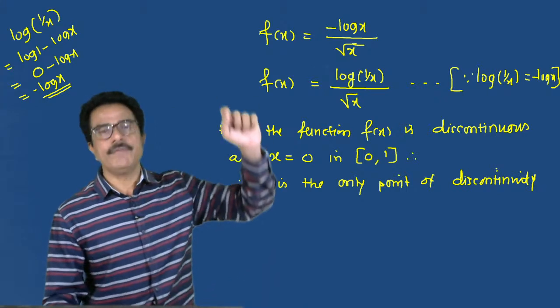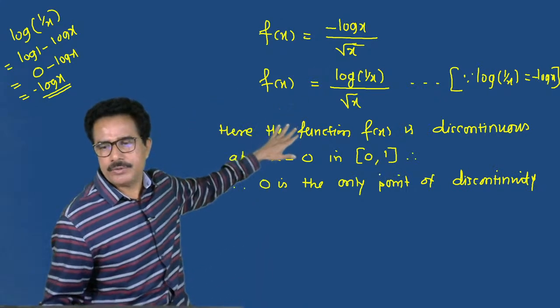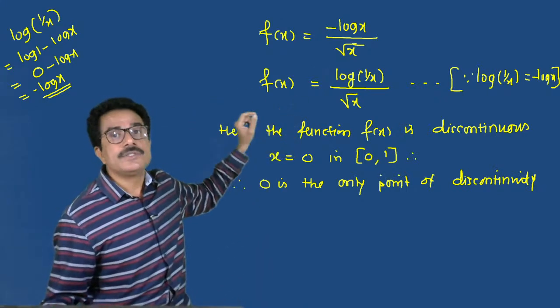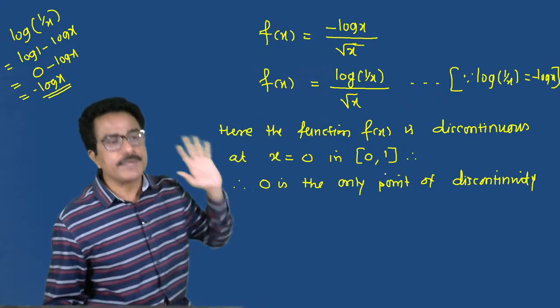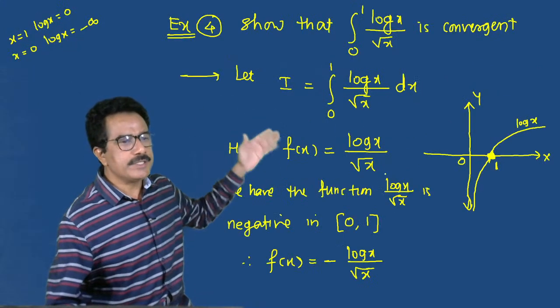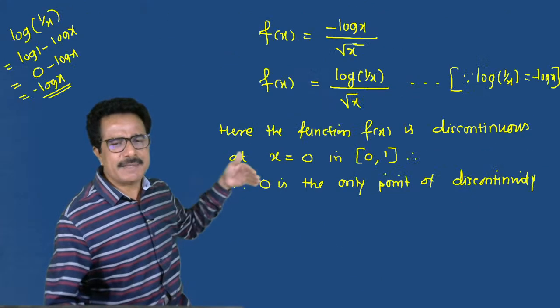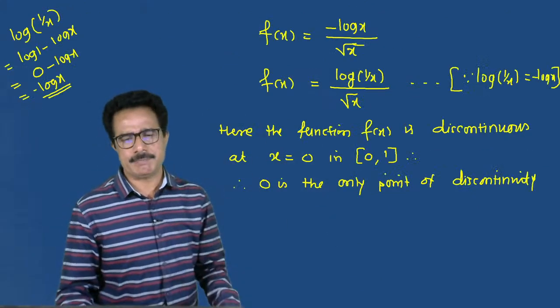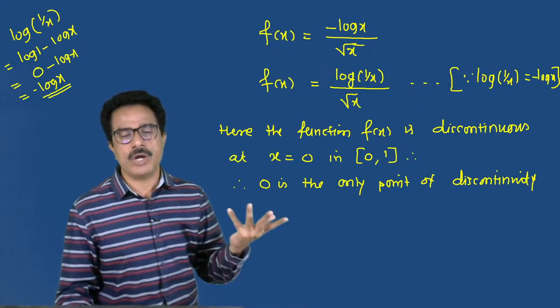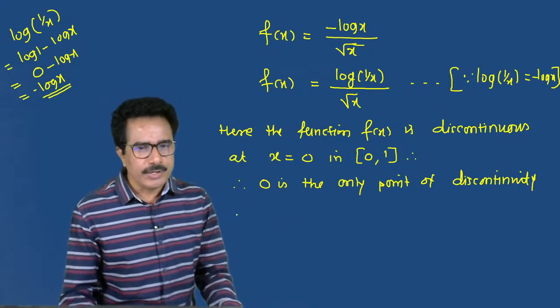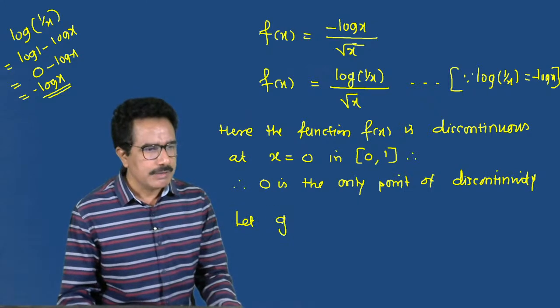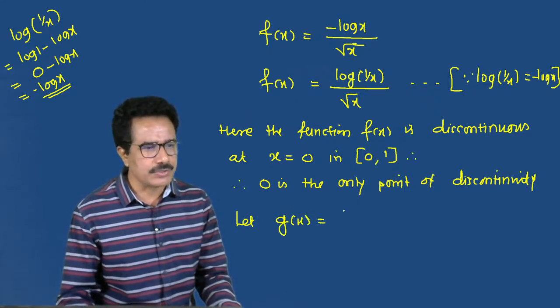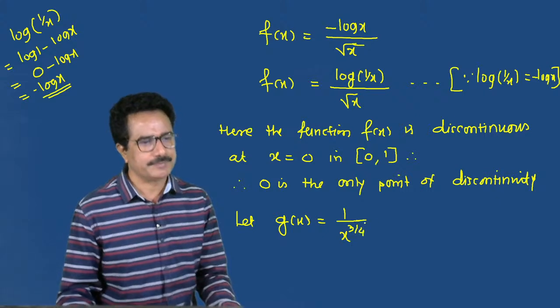See this, do you understand this? 0 is the only point of discontinuity. In this way we have to check, using the comparison test. We will consider a simple function which is convergent. So let g of x is equals to 1 upon x raised to 3/4.